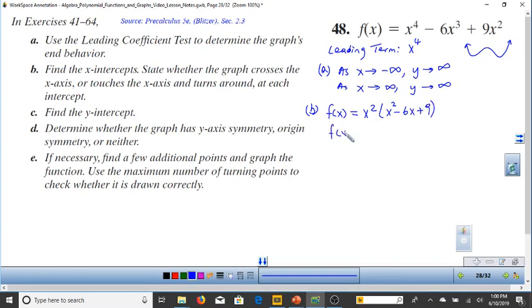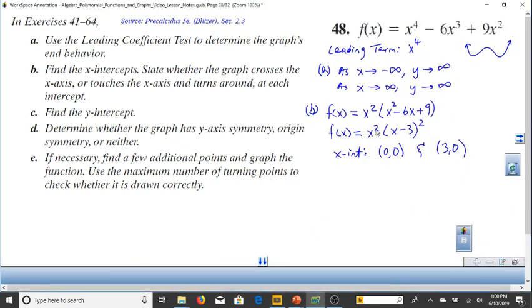Further factoring of that gives us x squared times (x minus 3) squared. So our x-intercepts are going to be at (0, 0), which is the origin, and at (3, 0).